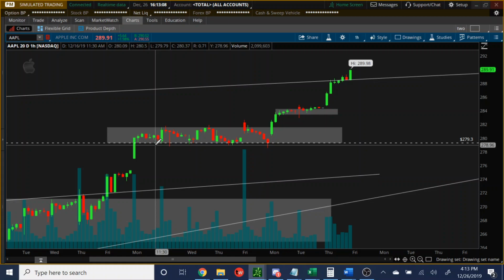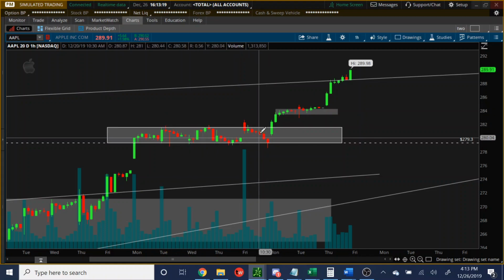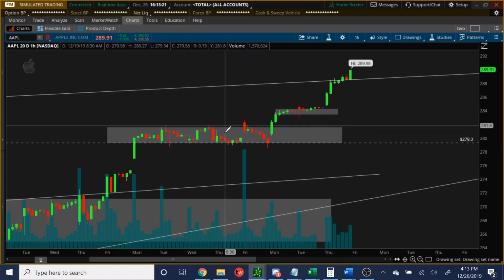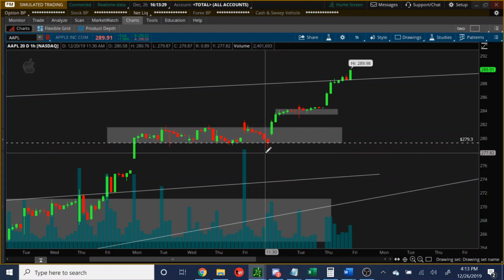And another very bullish thing, another thing that tells that the next move could be very large, I should say, is how long this consolidation lasted. This lasted for 1, 2, 3, 4, 5, and it broke out on the 6th day.